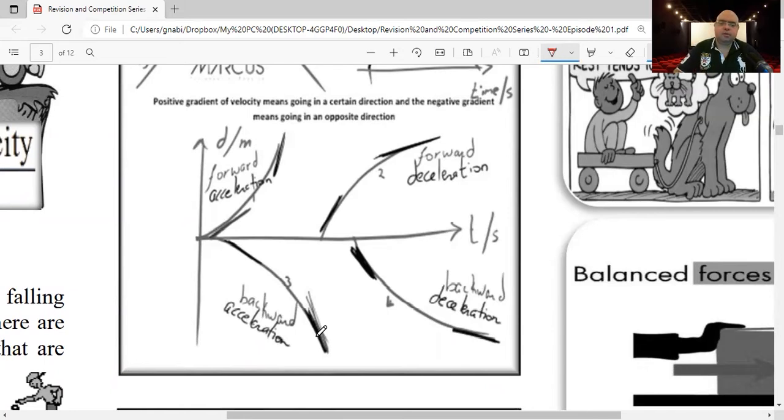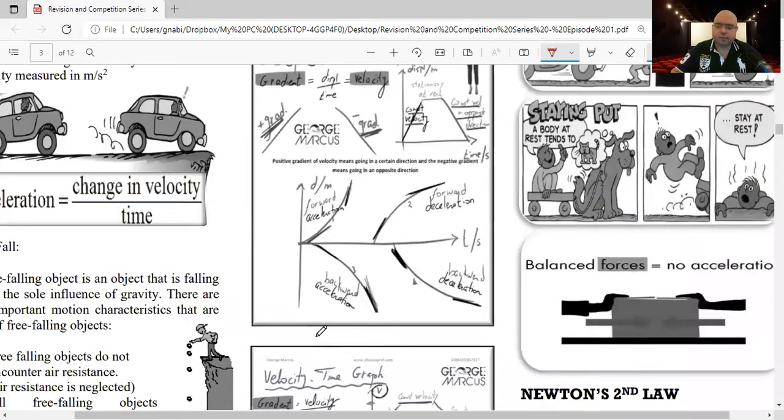A positive gradient is in one direction, a negative gradient is in the opposite direction. If you understand these two factors, you understand everything related to the curves of the graphs. Gradient increasing or decreasing: acceleration or deceleration. Gradient positive or negative: forward, backward, up, down, right, left, opposite directions. That's it for the displacement time graph.